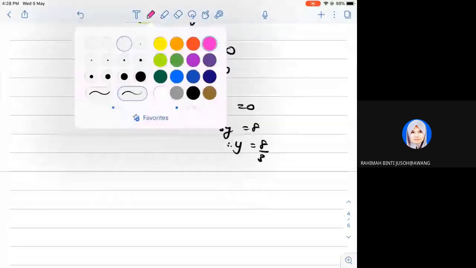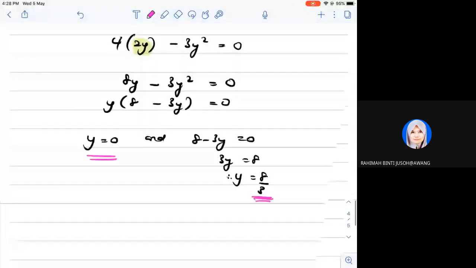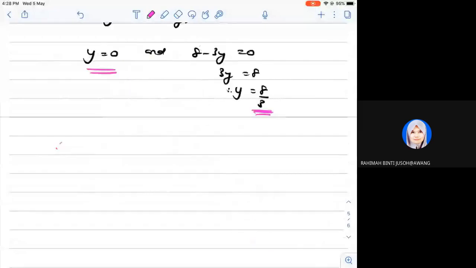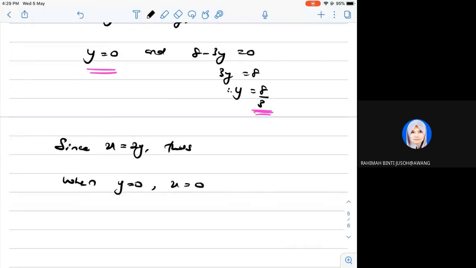Okay, so now substitute dalam x equals to 2y tadi. Since x equals to 2y, thus when y equals to 0, x equals to 0.